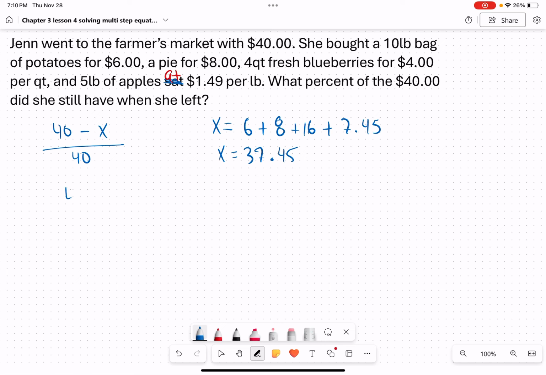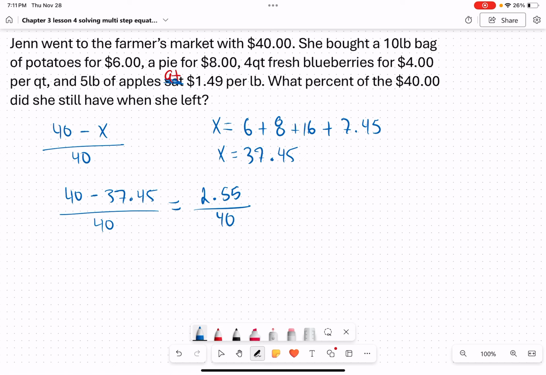And then all we have to do is substitute this into the equation that we established in the beginning of the problem. So 40, this is again the percent change, 40 minus $37.45 divided by 40. So the 40 minus $37.45 is going to be $2.55 divided by 40.